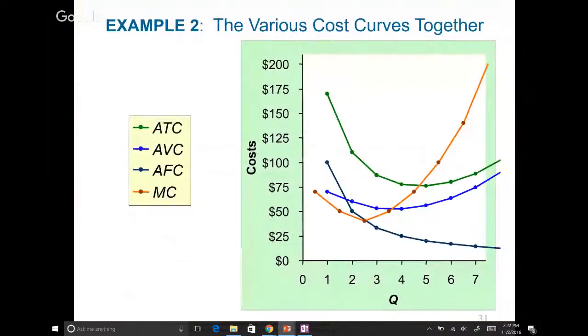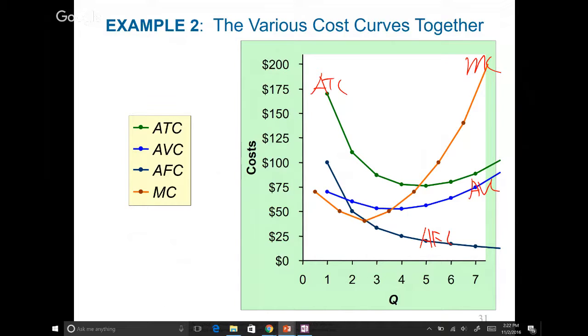One more thing I want to point out to you guys. If you look at this graph over here, this is our average total cost, and the orange line is the marginal cost. The blue line is the average variable cost, and this is the average fixed cost.